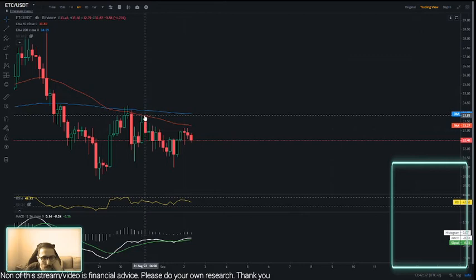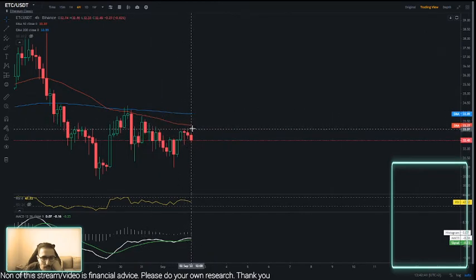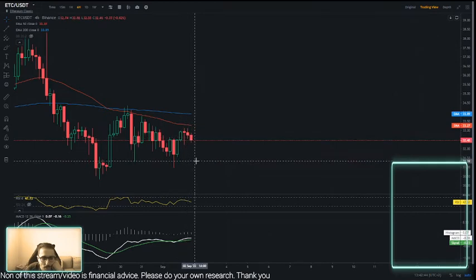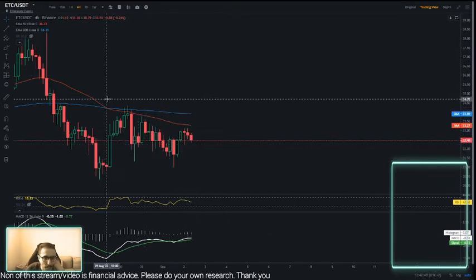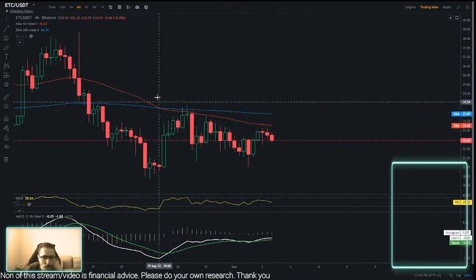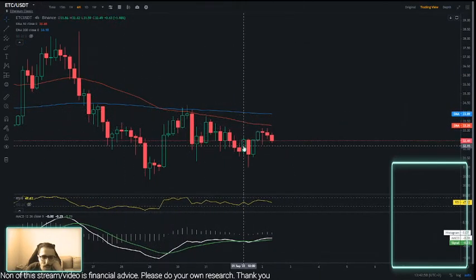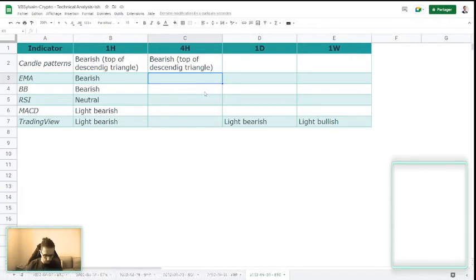Apparently we tested it, rejected again. Could this be a test from which the price is rejected? It's hard to say. This death cross is from early this week, on Monday, so it's a little too old, at least for me to put in our analysis. But overall, it's slightly bearish for me.